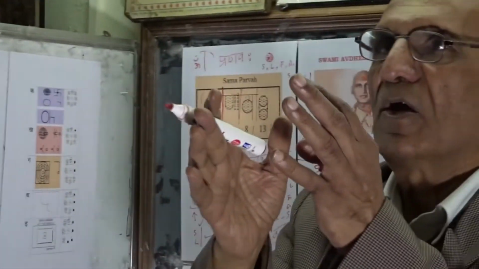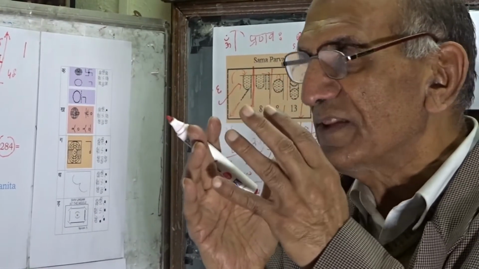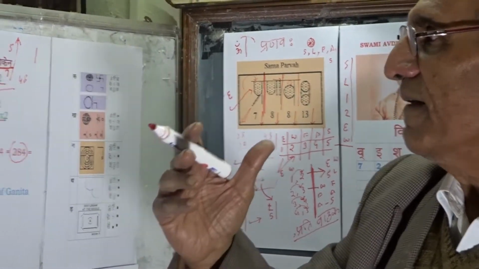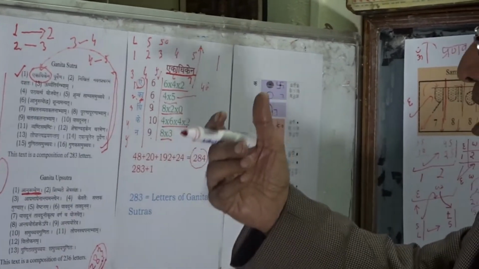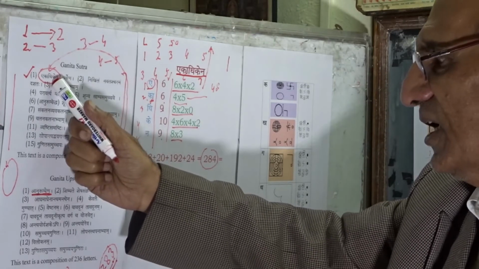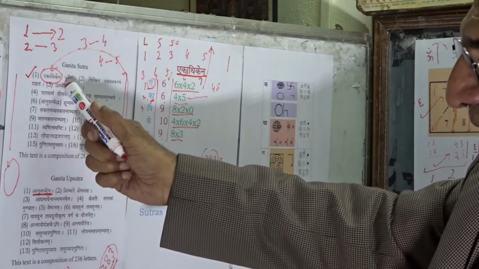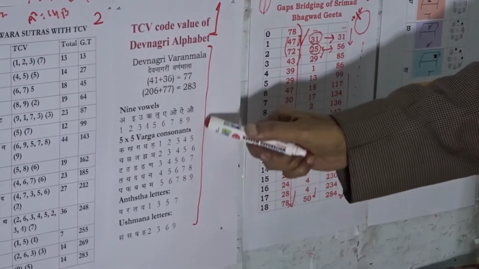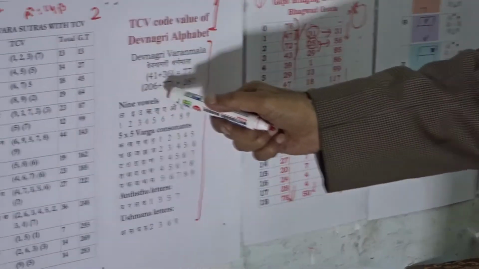As such, we shall have a pause here, and we shall be face to face with these inherent, inbuilt mathematics of the Ganita Sutras: the formulation Ekadhikain, which is a composition as per the TCV values accepted by the individual letters of the Devanagari Varnamala as per the Maheshwara Sutras.